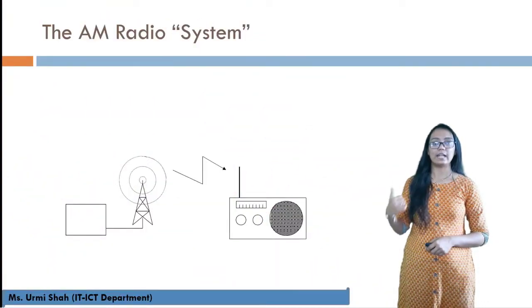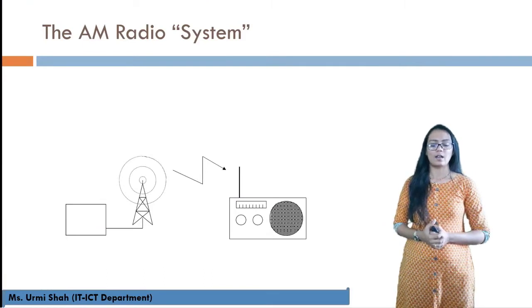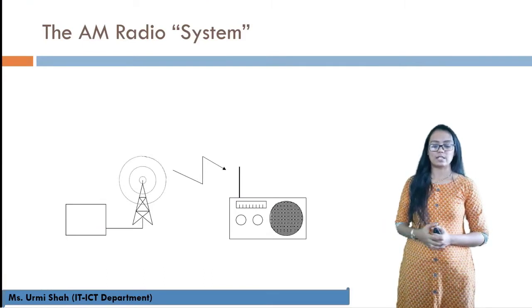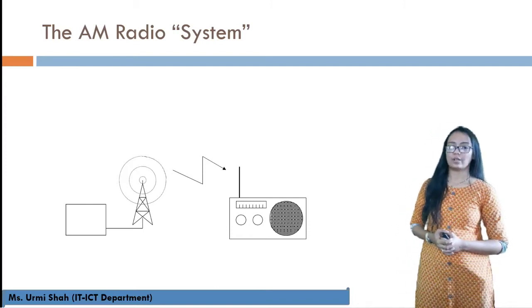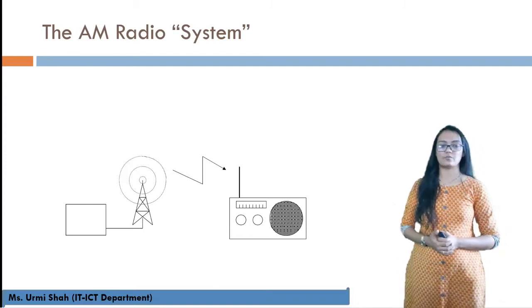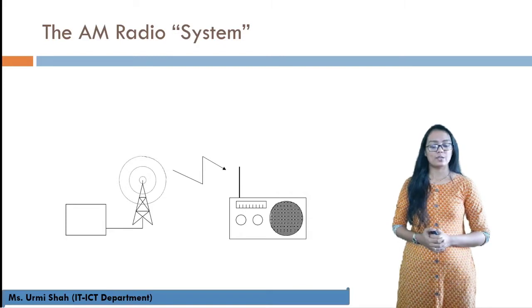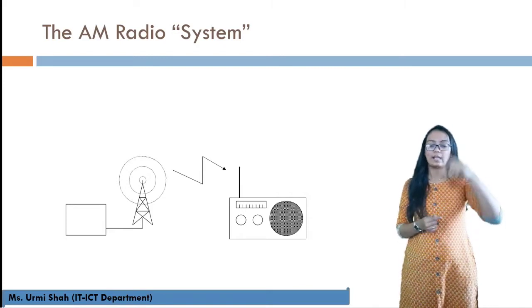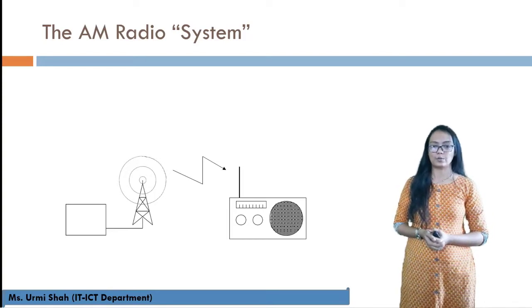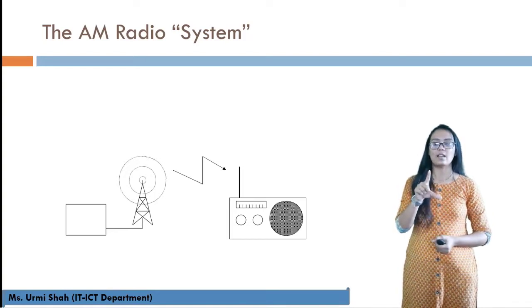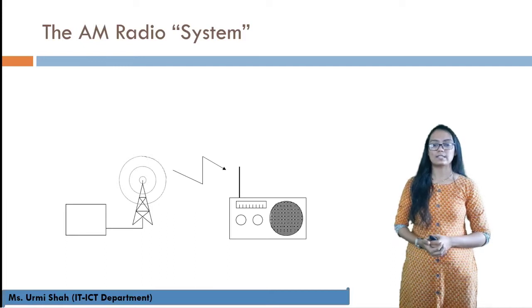Now next is the AM radio station. All of you have seen a radio station, or you might be listening to radios, but have you wondered how this radio station works? In a radio we have a long, steel colored antenna. So that steel colored stick is going to work as an antenna.